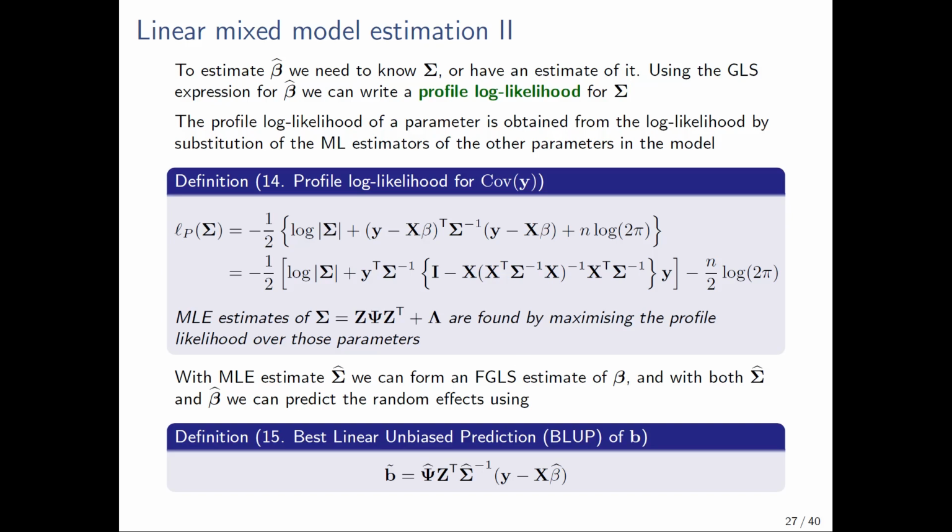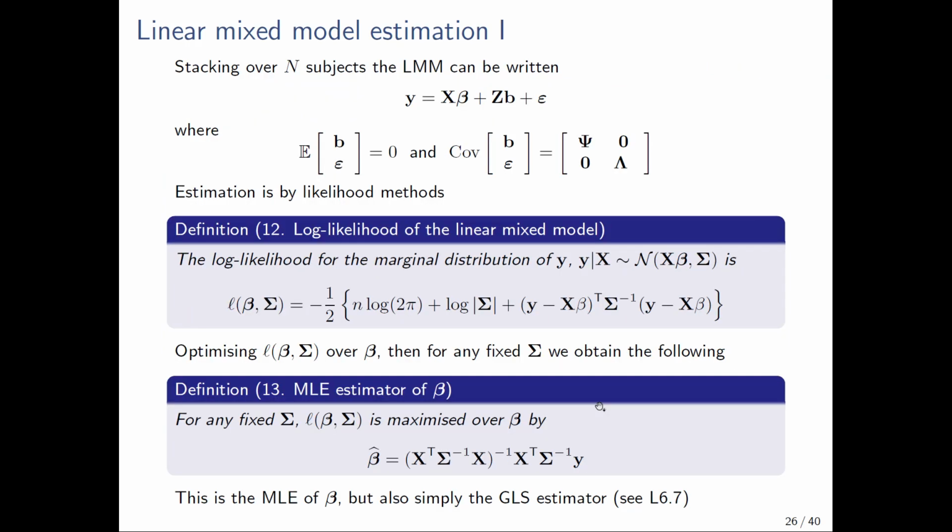And with both sigma hat and beta hat, we can predict the random effects using the equation that we saw earlier. This is known as the best linear unbiased predictor of b, or the BLUP, and it just takes this form shown here. So that really, in principle, is how maximum likelihood estimation of the linear mixed model works using GLS and feasible GLS.